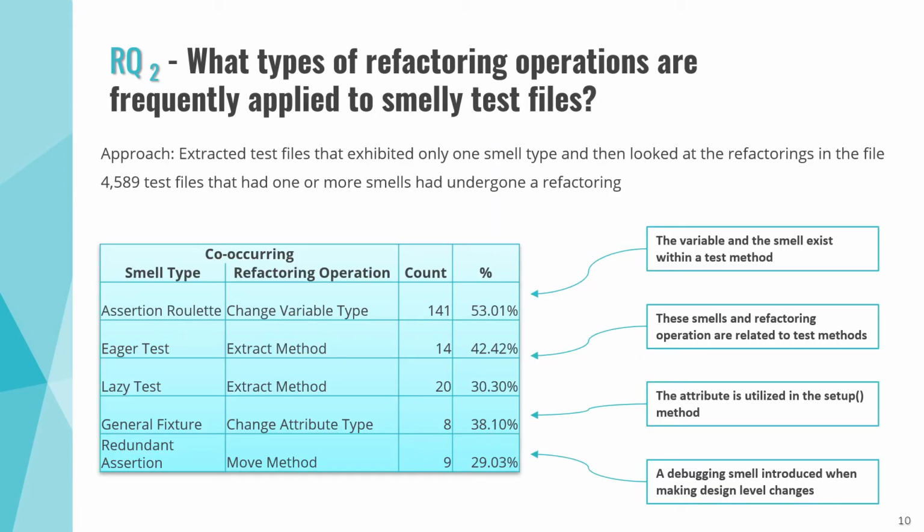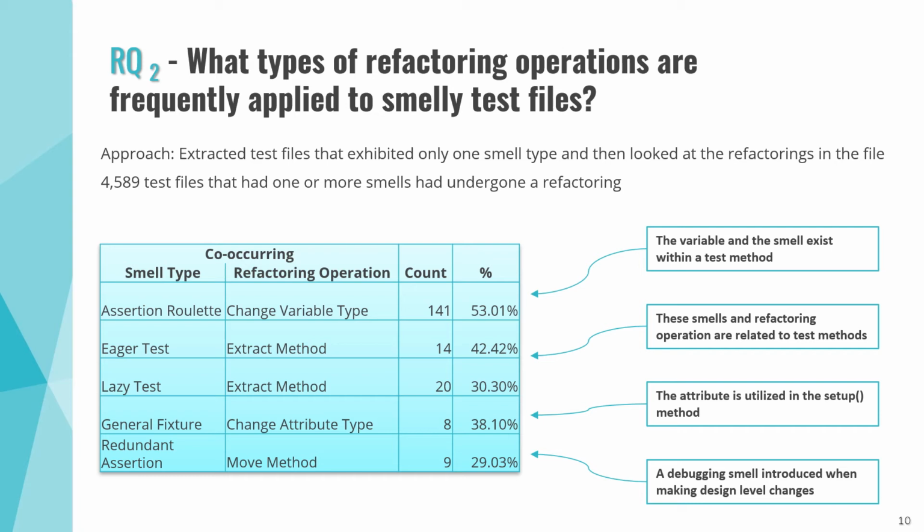RQ2 looked at the co-occurrence of test smells and refactoring operations. To conduct this analysis, we extracted test files that had only one smell and then looked at the refactorings applied to this file. We show a subset of the data in the table.